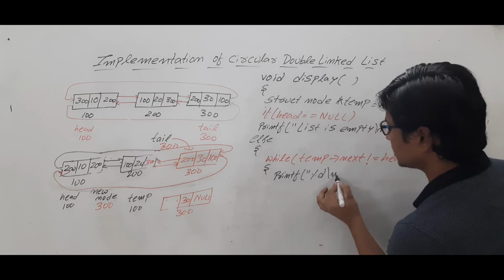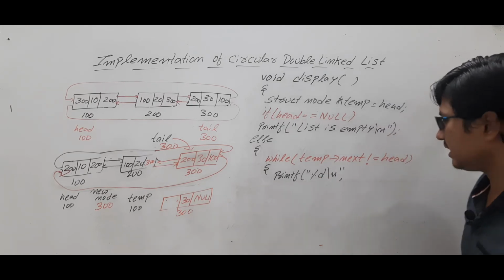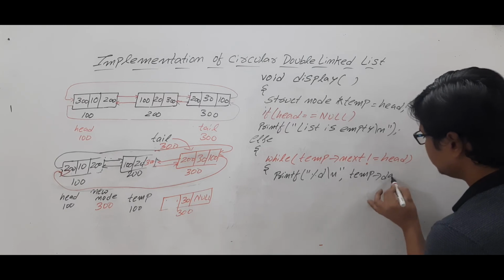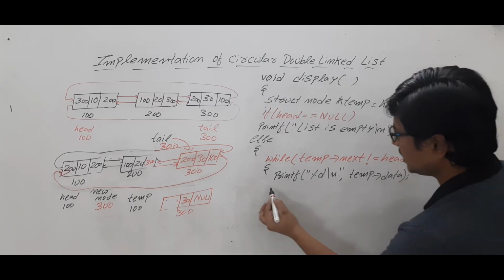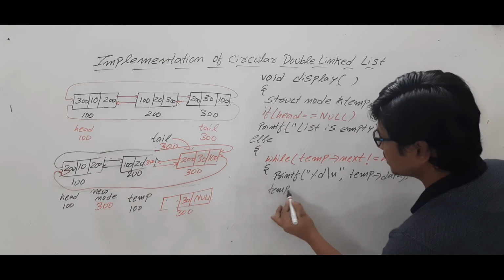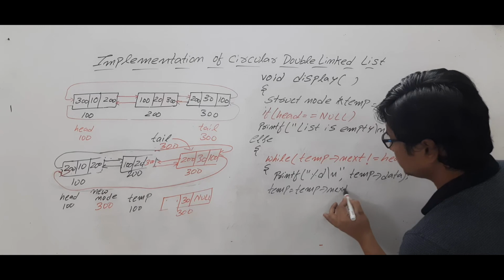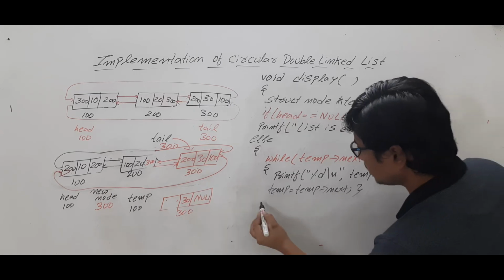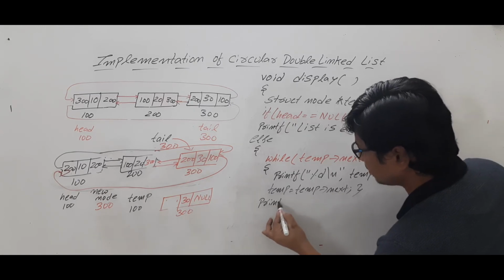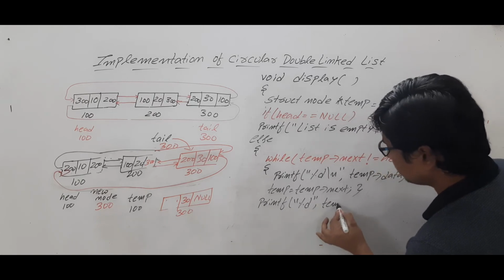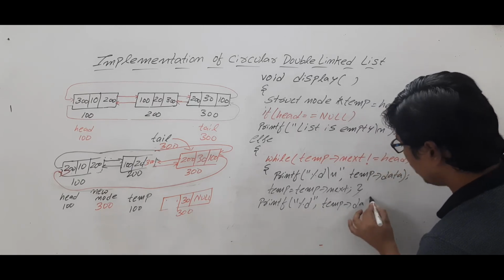So printf of %d \n, I am writing temp of data. Then I will write temp is equal to temp of next. Then again I will write another printf, temp of data. How will it work?